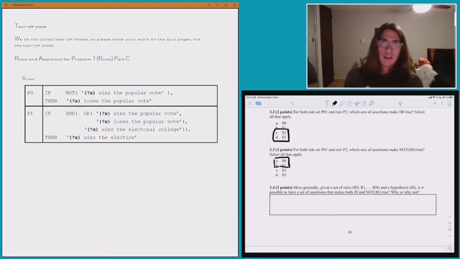But a value of true, disregarding not, means that pattern was matched in the list of assertions. So it's impossible, because not H0 is true if H0 doesn't exist in the assertions, and H0 is true if H0 exists in the assertions, so they can't happen at the same time.